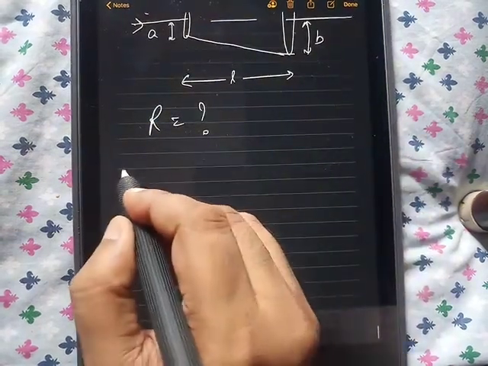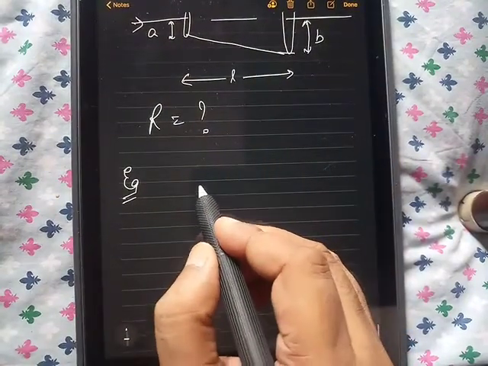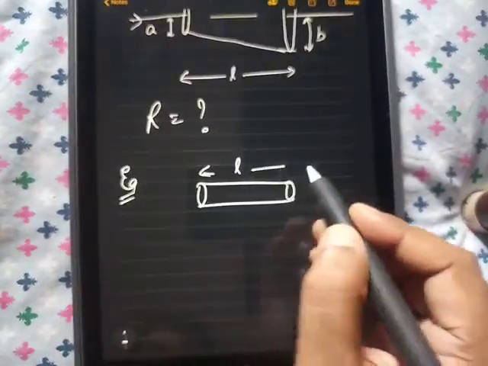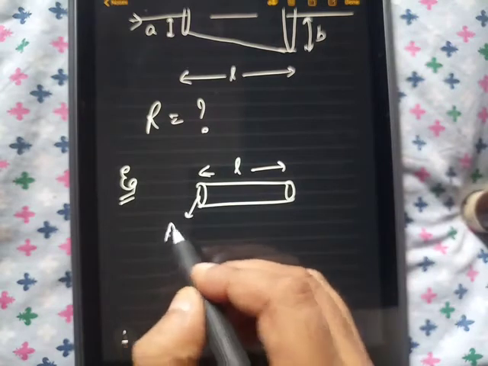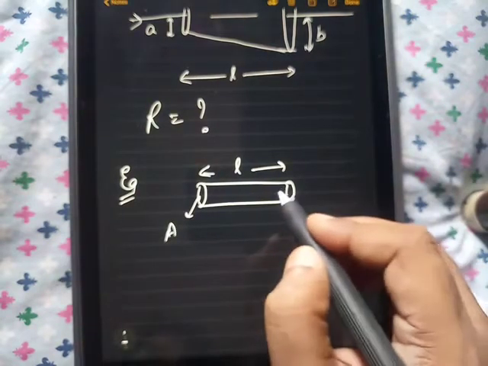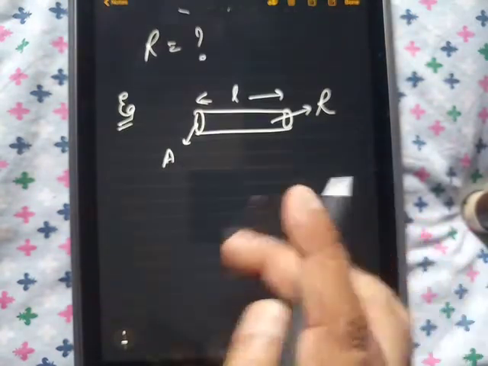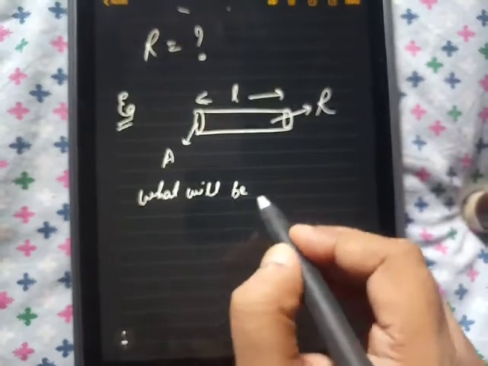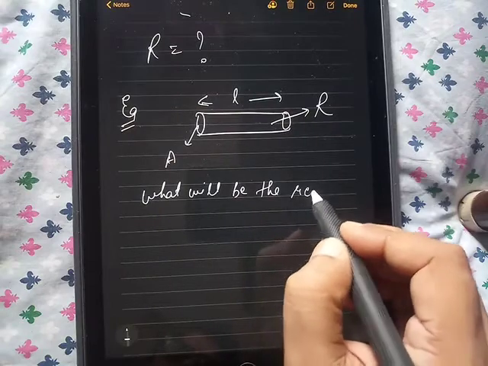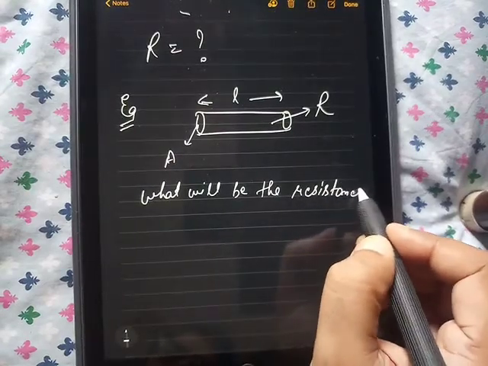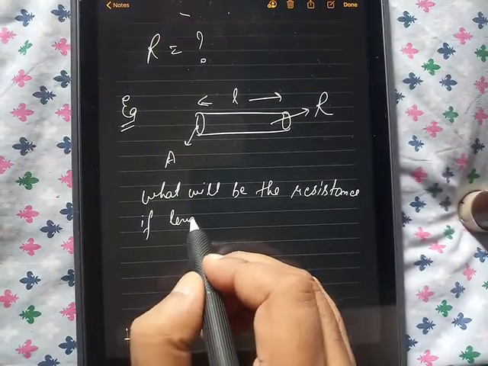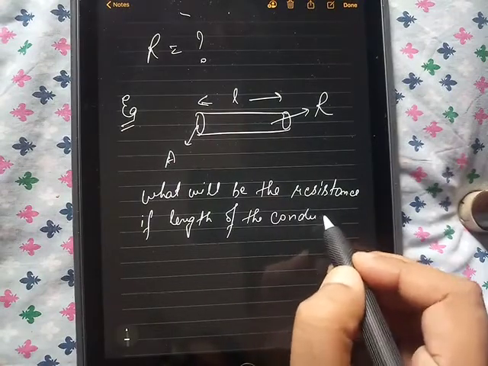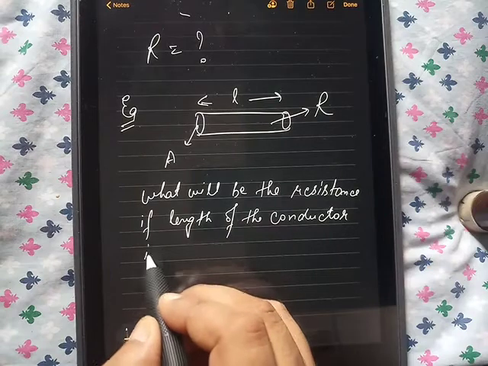Okay, some common example. If this is a conductor of length L and area of cross section is A, the resistance of the conductor is R. What will be the resistance if the length of the conductor is doubled?